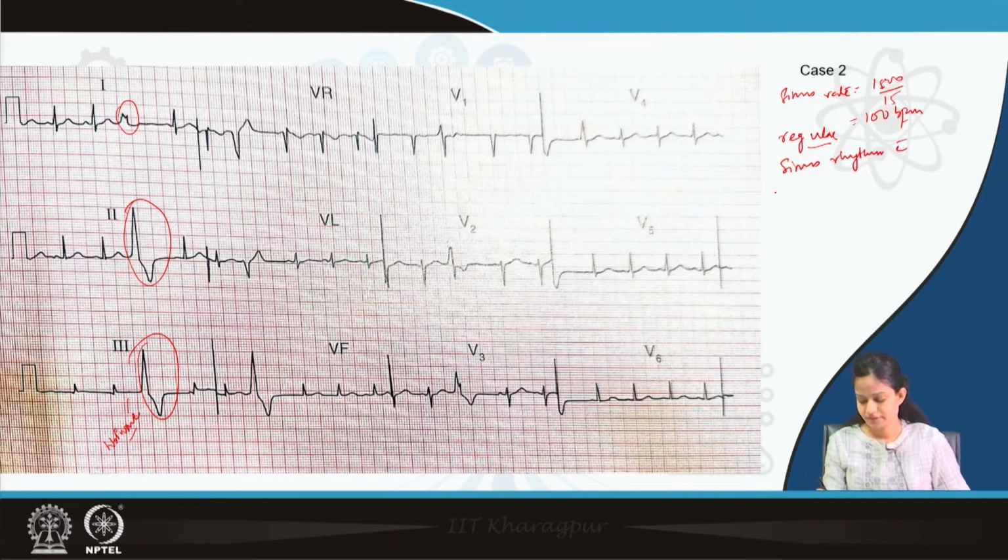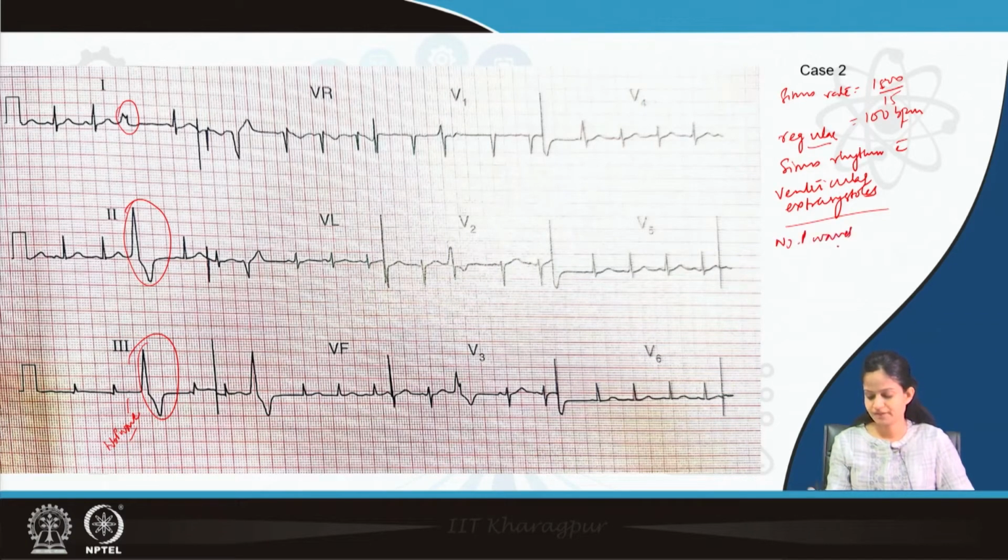with ventricular extrasystoles or ventricular premature complexes. So, we have no P waves also, as we get in case of ventricular premature complexes, and the QRS complexes, obviously, are normal.